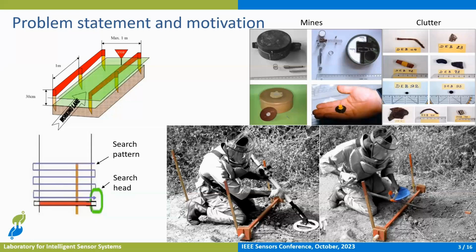He follows the search pattern with a metal detector, and when he detects something, he puts a plastic or wooden, non-metallic marker in front of him, and then proceeds with pinpointing the exact source of the target. At this point, he's not aware whether the target is dangerous or not.